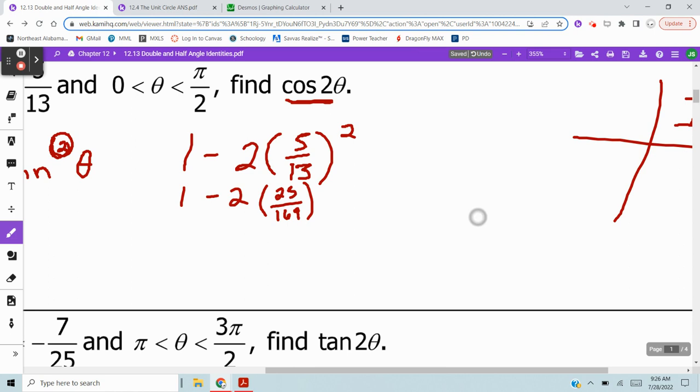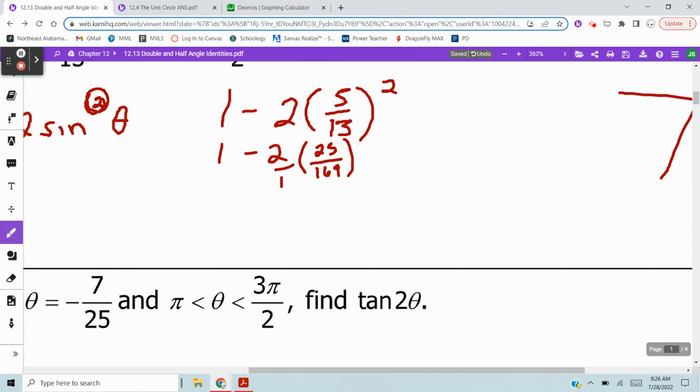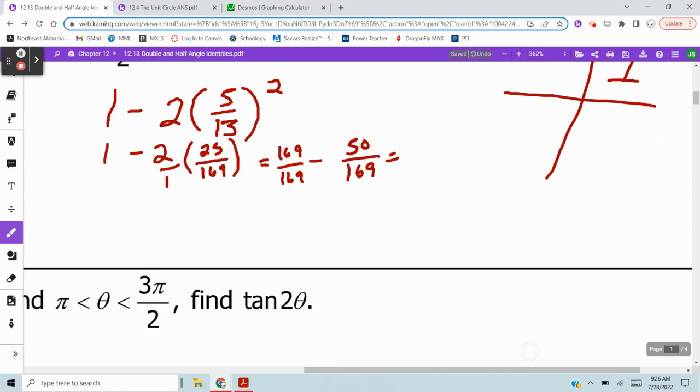We are going to multiply 2 times that 25 over 169 by multiplying tops and bottoms. And that gives us 1 minus 50 over 169. In order to subtract those, we do need a common denominator. 1, we're going to write as 169 out of 169. And once we subtract, we have a value of 119 out of 169.